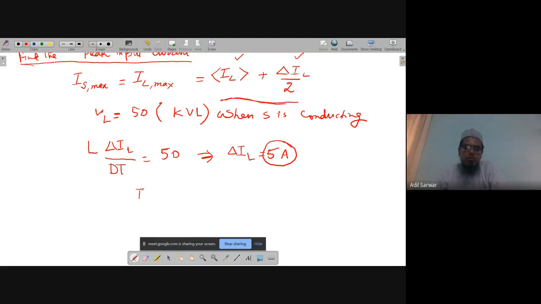The average value of the input current times the input voltage will be equal to the average output current, which will be constant, times the output voltage, if all the components are assumed to be ideal.